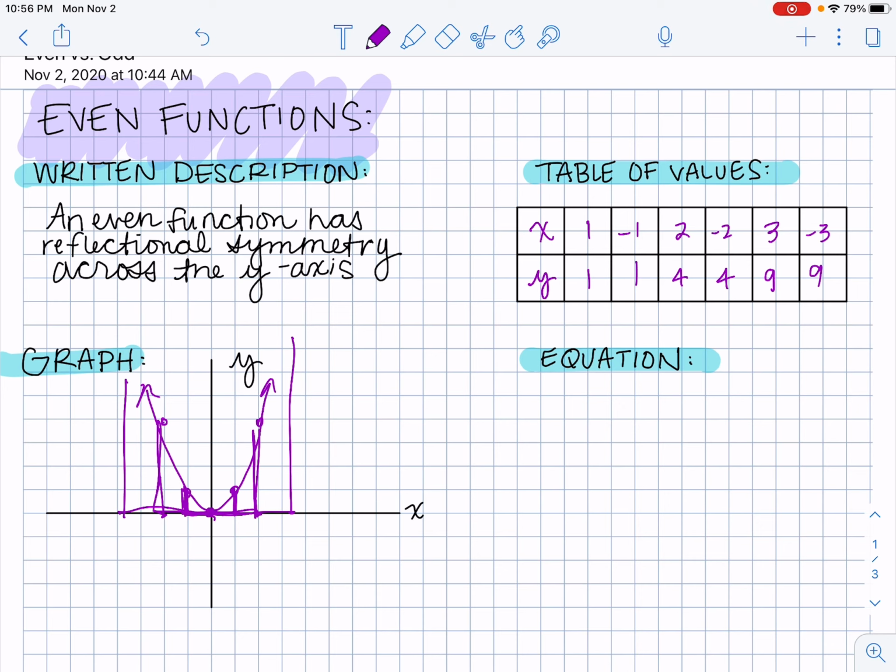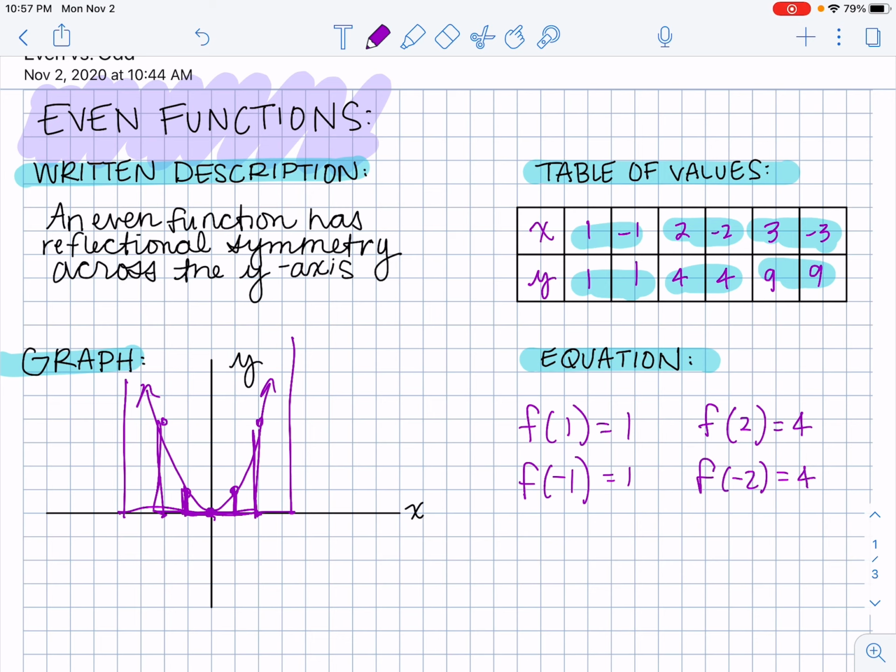And so maybe you start to notice that there's a pairing between these numbers, right? If I plug in 1, I get 1. If I plug in negative 1, I also get 1. I get the same answer. If I plug in 2, I get 4. But if I plug in negative 2, I also get 4.